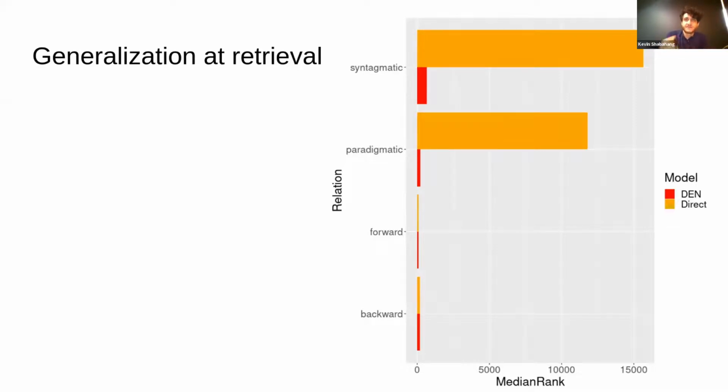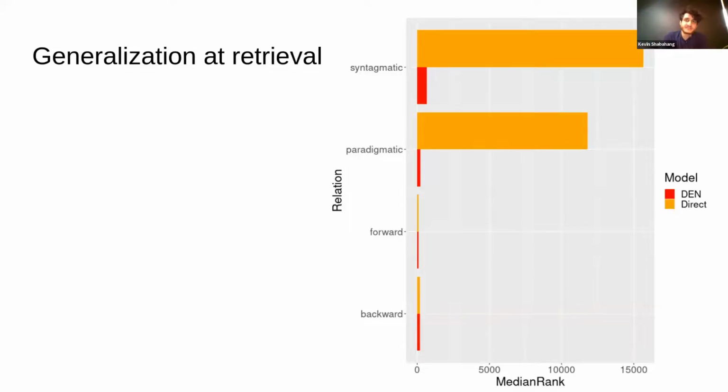And we can also think about forward and backward association. For example, jump and rope, that's a forward association, whereas apple to green, that's a backward association. What I'm showing you is the rank of the other word.